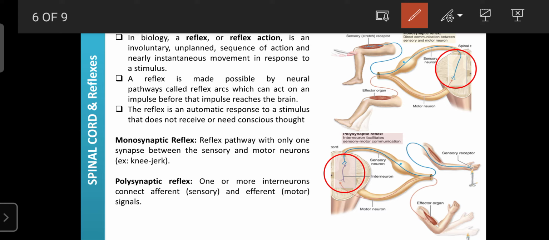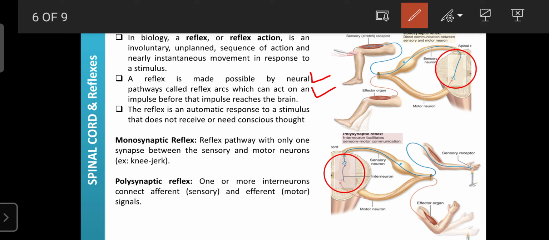A reflex is made possible by a neural pathway called the reflex arc, which acts before the impulse reaches the brain. The reflex arc is nothing but the pathway of the reflex action, the pathway of movement and return of impulses from the organ to the spinal cord and the effector organs.